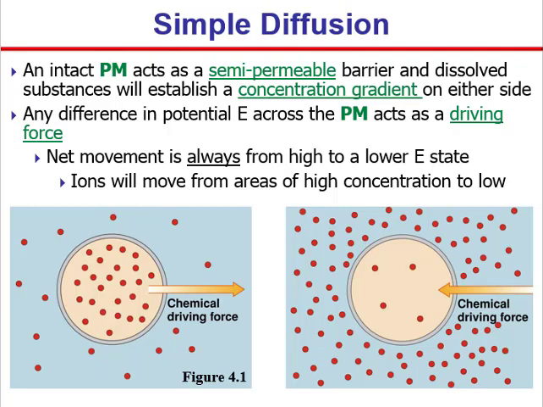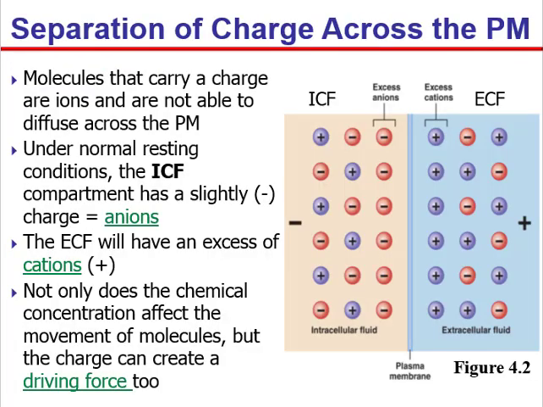So one of the things we can consider when looking at these small molecules is that sometimes these small molecules carry a charge. And if they're a charged particle, they're an ion. So charged particles are definitely going to be kept out of the cell.